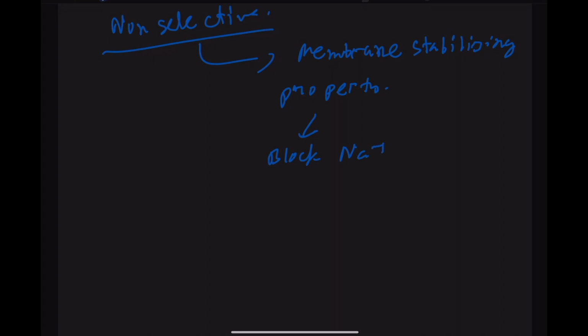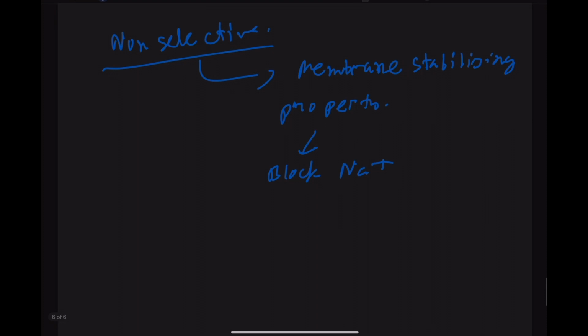Okay, by blocking the sodium channel, they have some local anesthetic-like property, and they have this membrane stabilizing property, but timolol lacks this property, and that's why we use timolol topically on the eye to decrease the intraocular pressure, so that we use it in glaucoma.